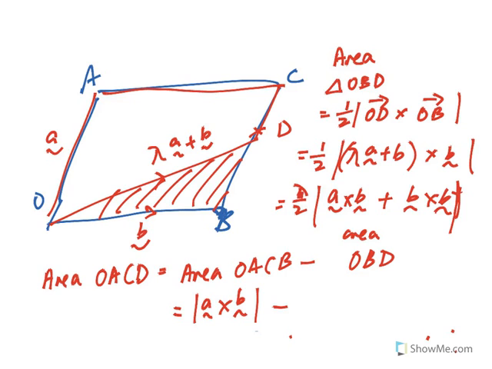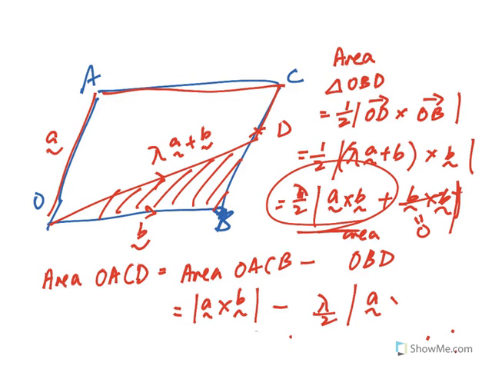Because B is parallel to itself. When two vectors are parallel, the vector product is 0. So this one will just equal 0. That means this answer over here is just lambda over 2, A and B.